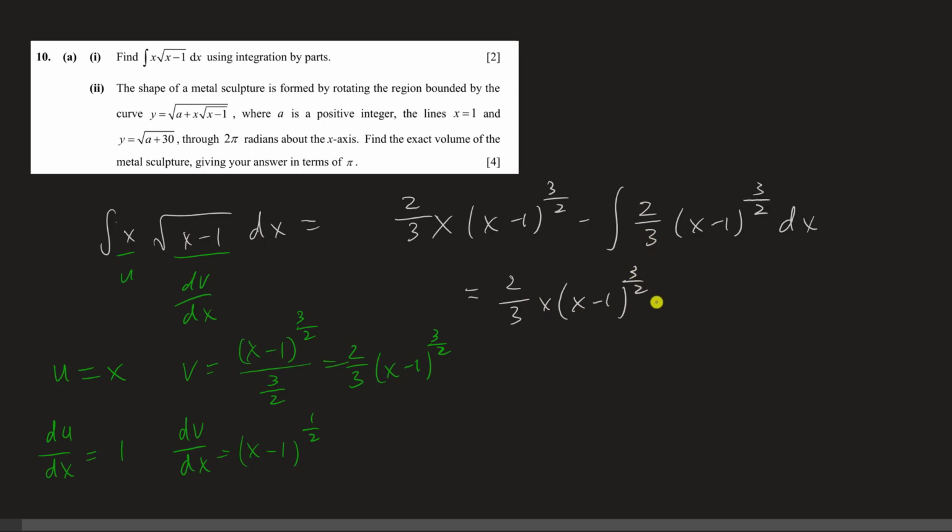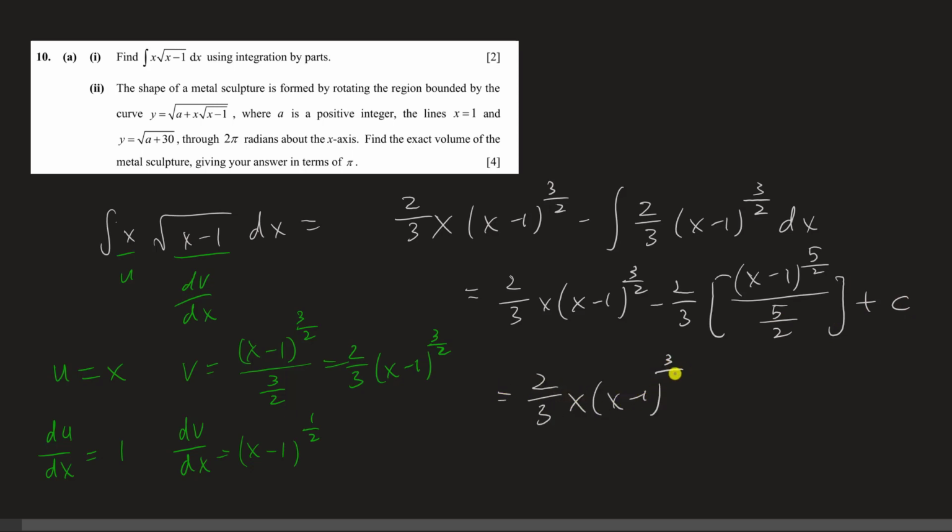Pluck out the 2/3. Integrating what's remaining would give you (x minus 1) to the power of 5 over 2, over 5 over 2, plus c. 2/3 times (x minus 1) to the power of 3 over 2, divided by 5 over 2, will give you 4 over 15 (x minus 1) to the power of 5 over 2 plus c. That's our answer to the first part.